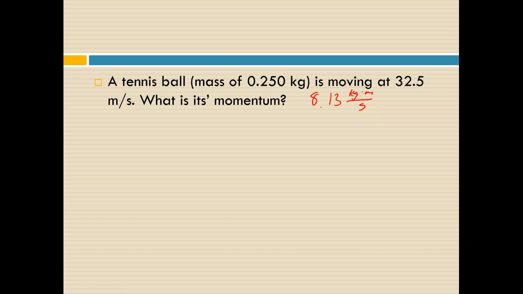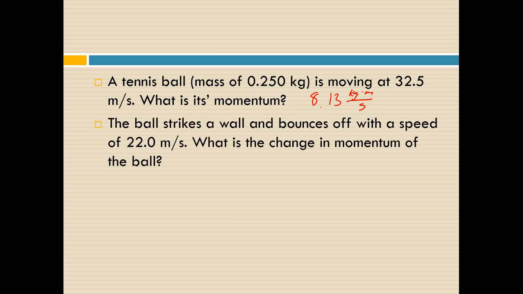No, we're not going to give it a special name because it turns out there's another relationship, and I'll show you that in a moment. Now here's another question for you.